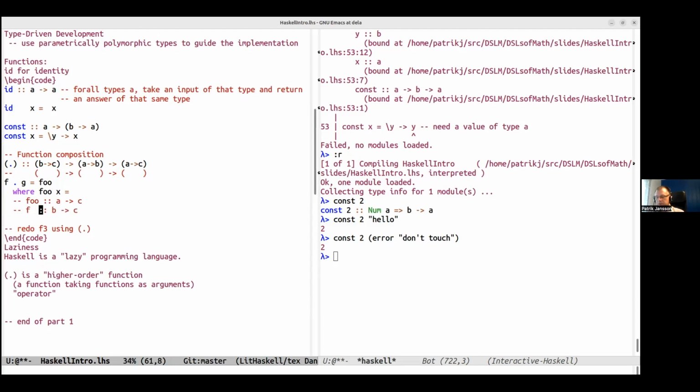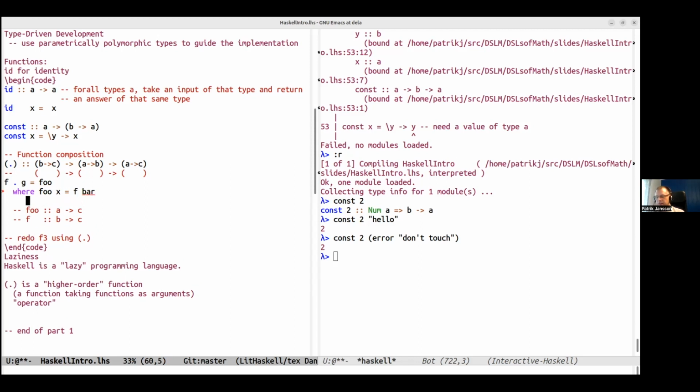Maybe I should indent this. So we can try to use f here on what? To get an input here, maybe call it bar. So we have to find some value bar, which is of type C. No, sorry, of type B. Why B?